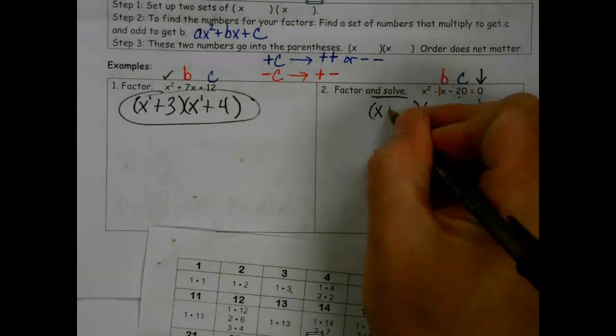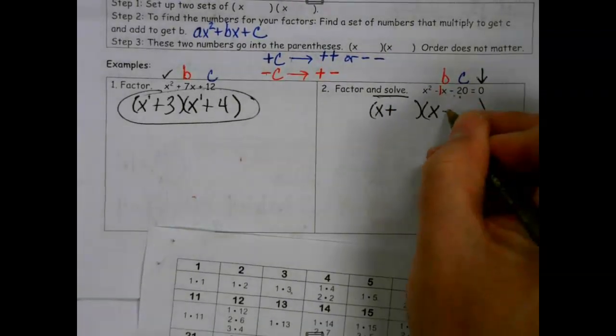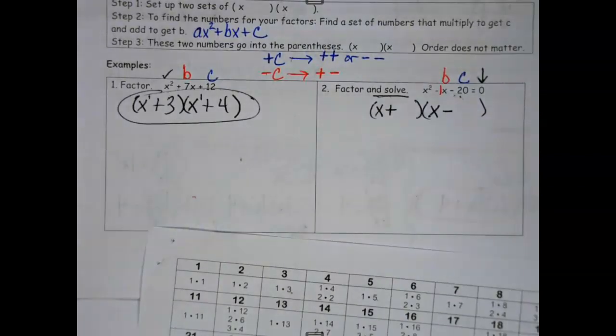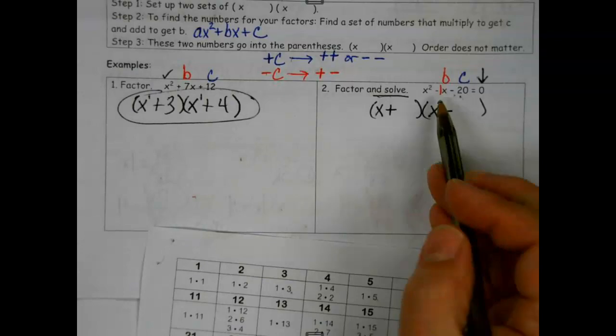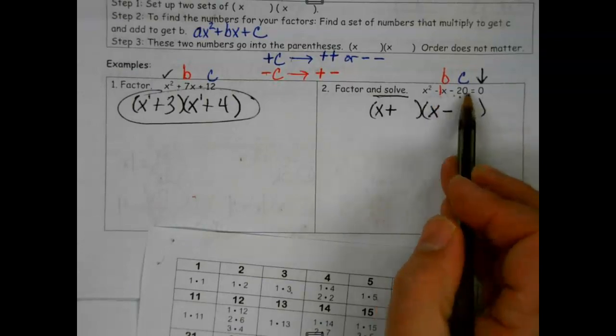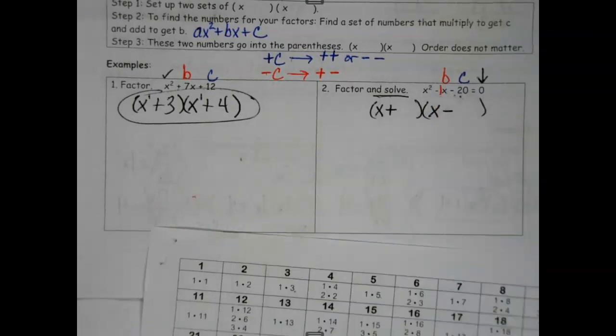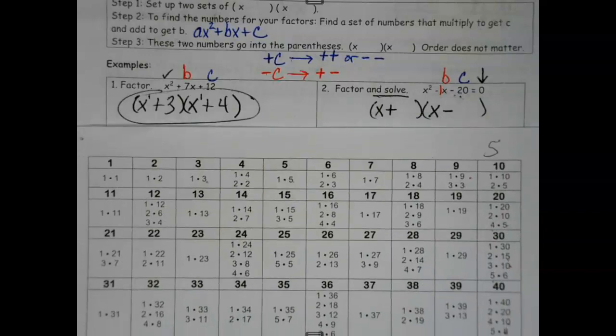So here's where things change a little bit. Yes, the numbers are still going to add up to negative 1, and they're going to multiply to negative 20. So let me get my little chart out here. You're like, Hardy, there is no way. There is.